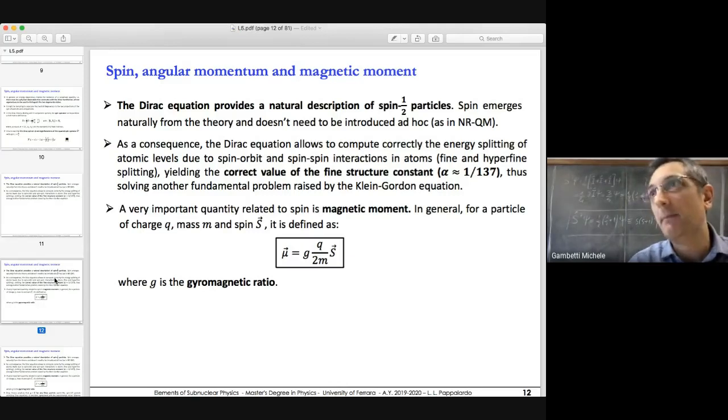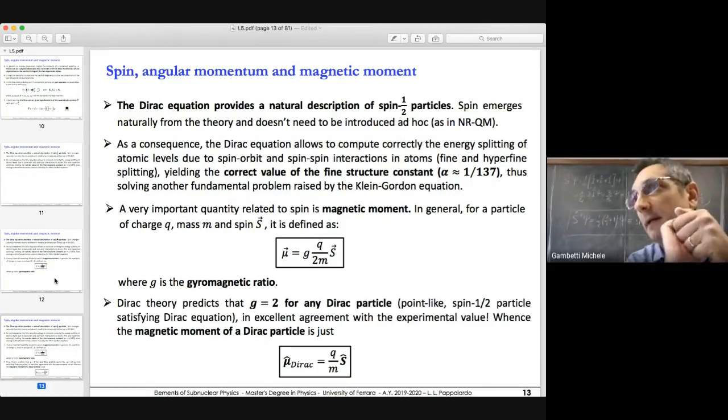Now, there is a precise prediction by the Dirac theory that the value of g must be exactly equal to 2 for any Dirac particle, where Dirac particle in general means a point-like particle with spin 1/2 satisfying the Dirac equation. So, for instance, the electron or a quark and so on.